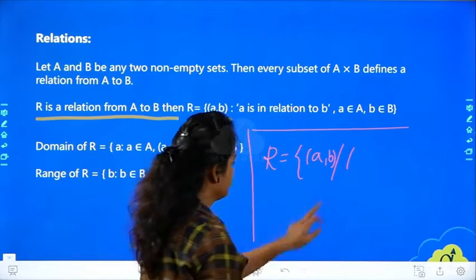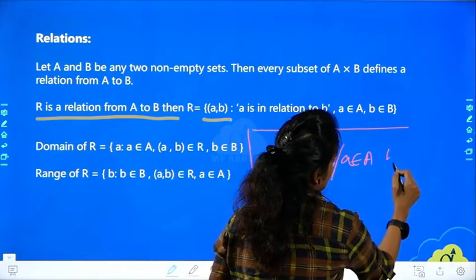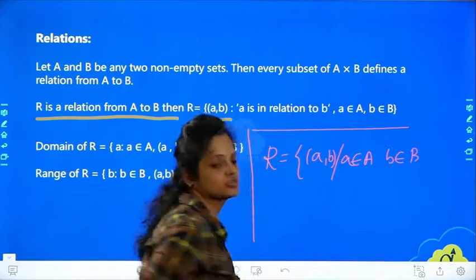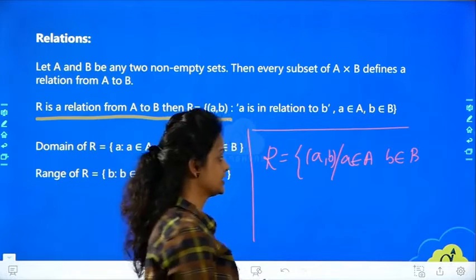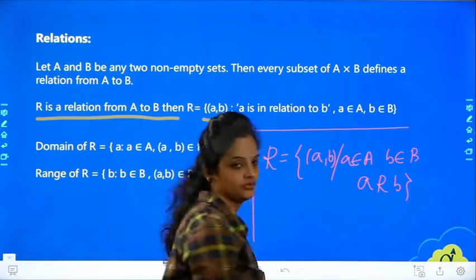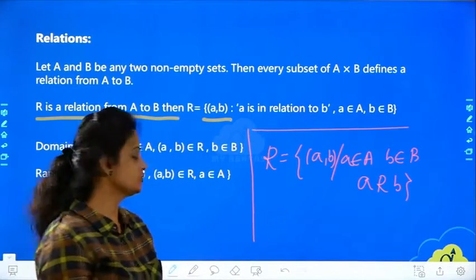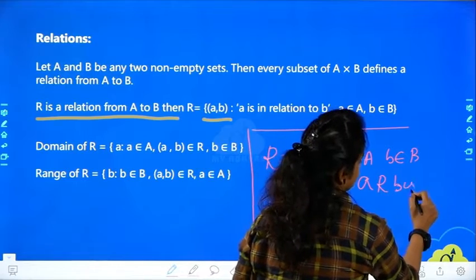the conditions we have in the Cartesian product are the same: a belongs to set A and b belongs to set B. In addition to that, what is extra here? a R b must be true. a relation b should be true, then only it is taken as a relation.